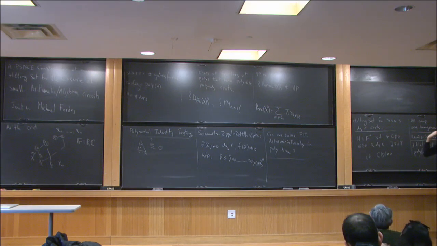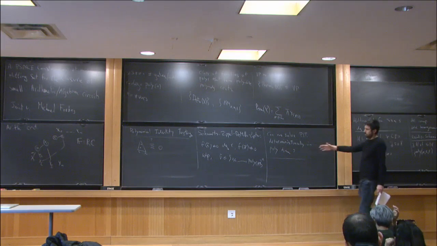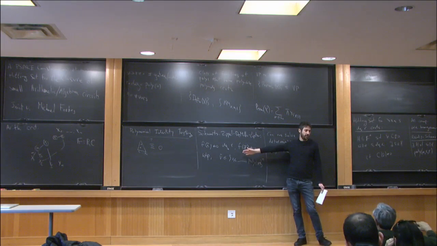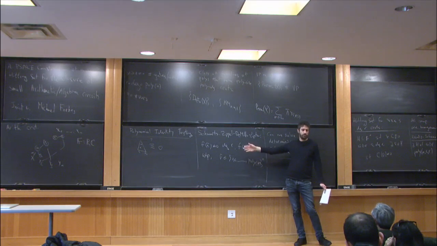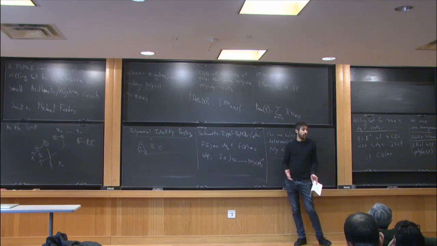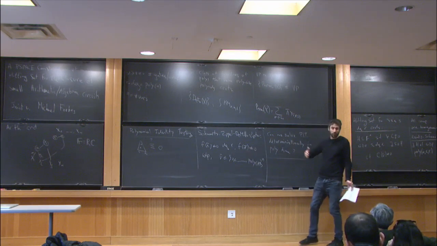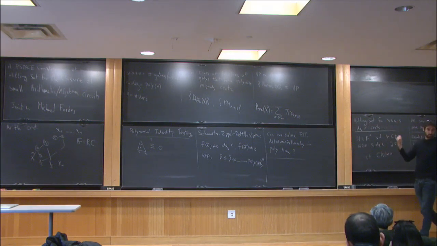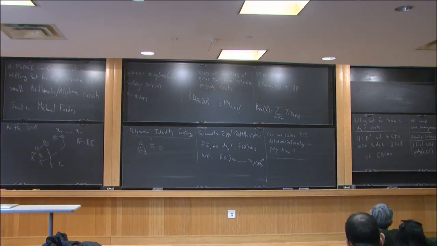You can show that the probability that you fail if you pick H at random is exponentially small, but you cannot take a union bound in the trivial way, because you have to union bound over infinitely many circuits. So it's not a trivial result.